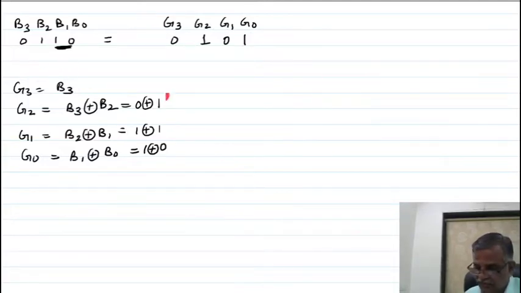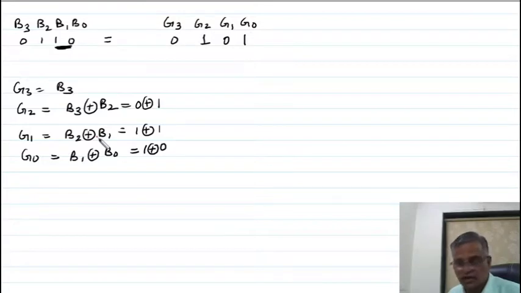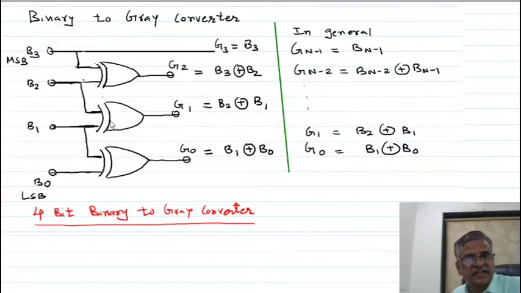You please remember such expressions, it becomes very easy. In general I can show you like this. This is the extra circuit I am showing you. It is not given in your reference book. With the help of exclusive OR gates, you can convert binary into gray code.